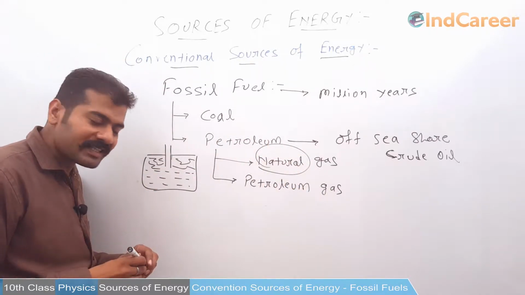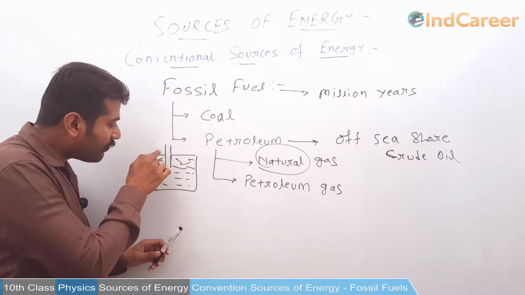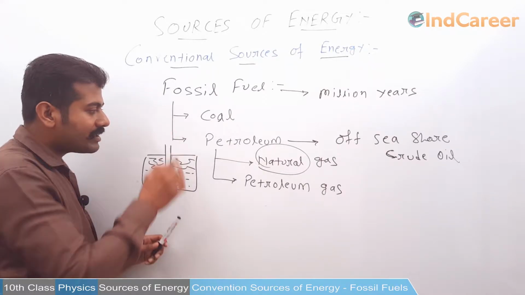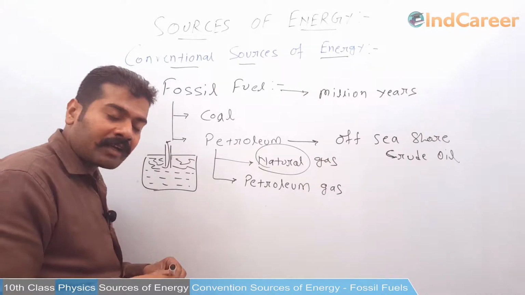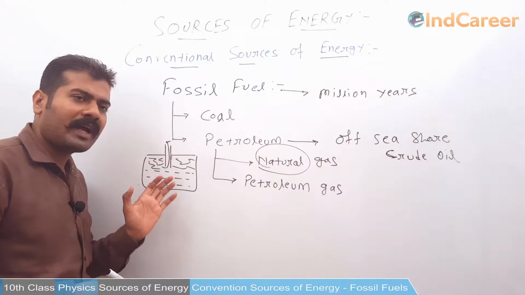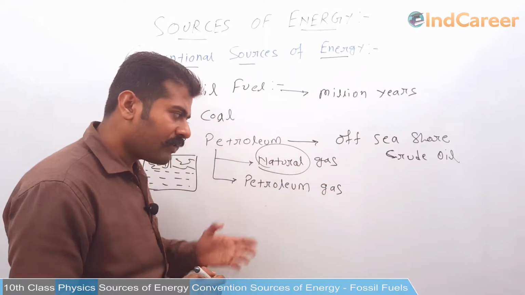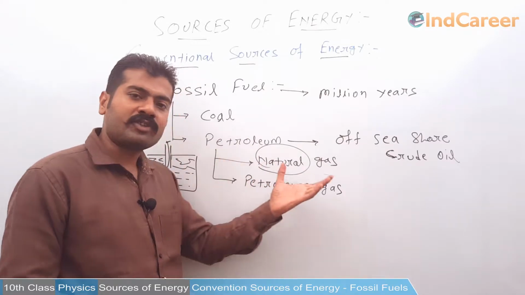So when we drill through the earth's crust, this natural gas comes out into our atmosphere, and we collect it, and after refining it becomes natural gas. What we have today is CNG, whose full form is compressed natural gas.